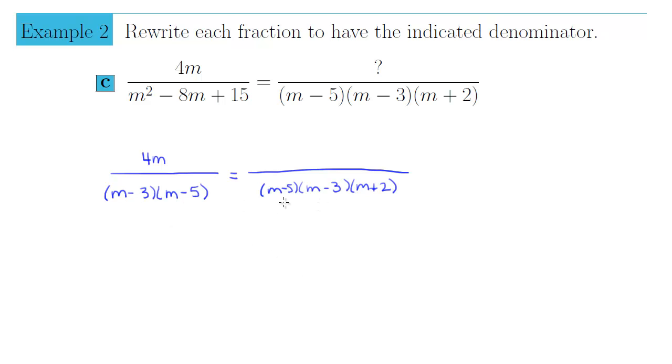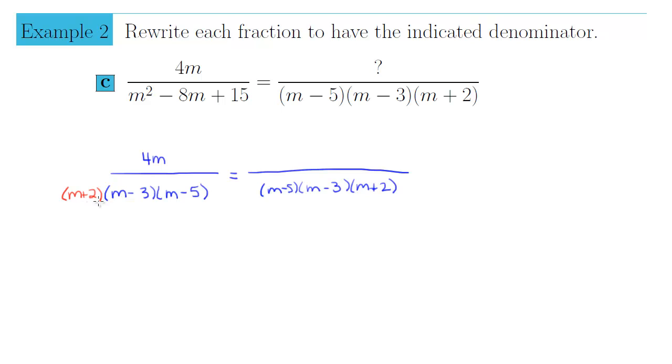Notice we have an m minus 3 and m minus 5 appearing. There's one factor that's missing. The factor that's missing is m plus 2. In order to make the denominators match, we need to add a factor of m plus 2.